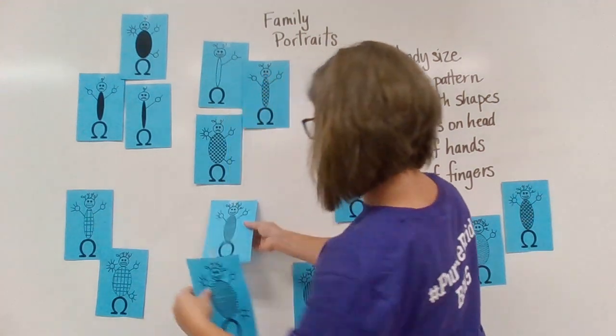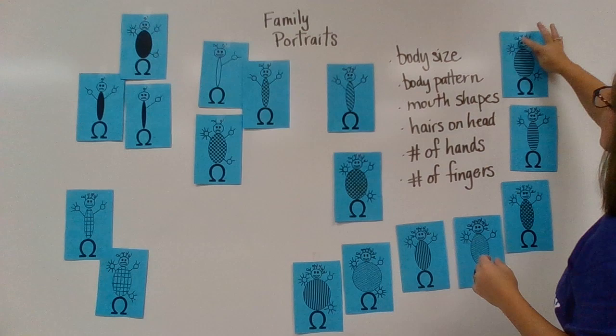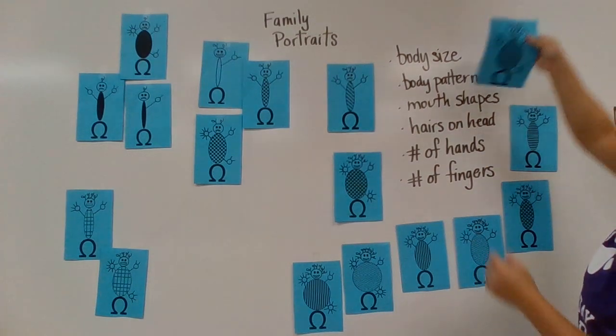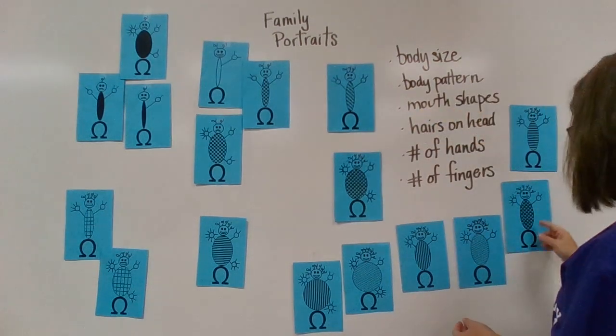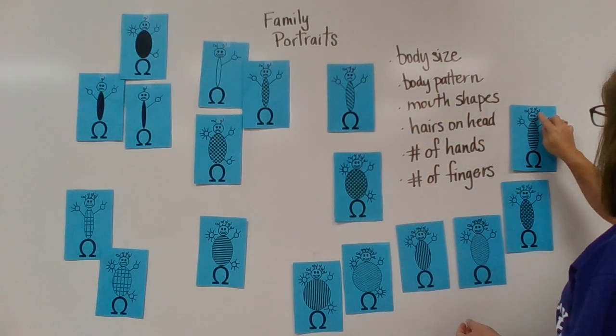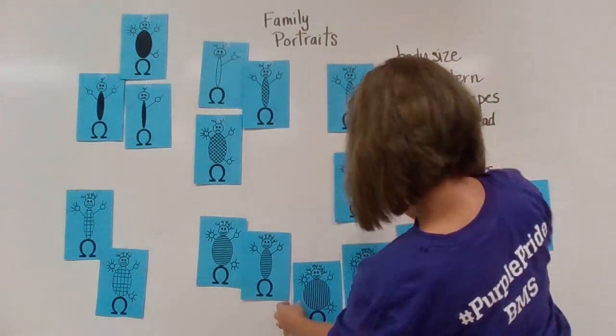I guess we'll move along and look at 5. Move all these out the way. 1, 2, 3, 4. This one has 5 hairs. Let's see. 1, 2, 3. This one has 6. 1, 2, 3, 4, 5. This one has 5 hairs. Okay.